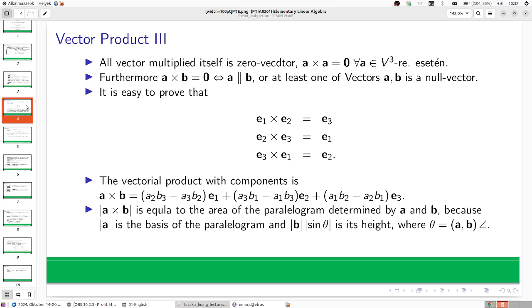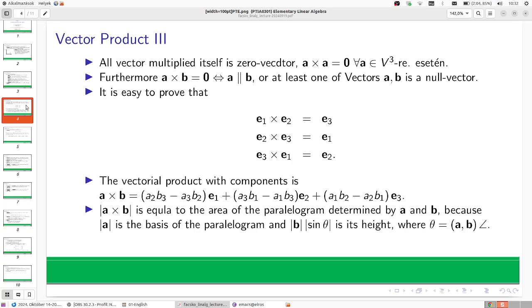If you have a vector and you calculate the vector product with itself, then it's always zero. It's trivial. The angle between the vector and itself is zero, its sine is zero, so that should be zero.